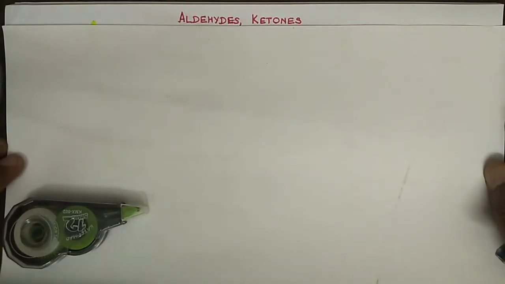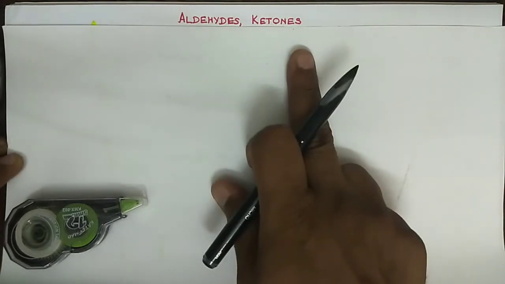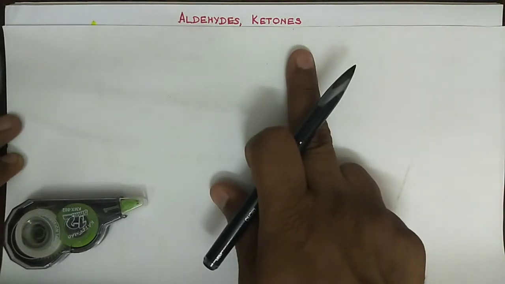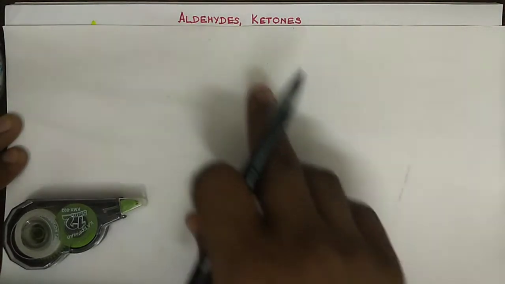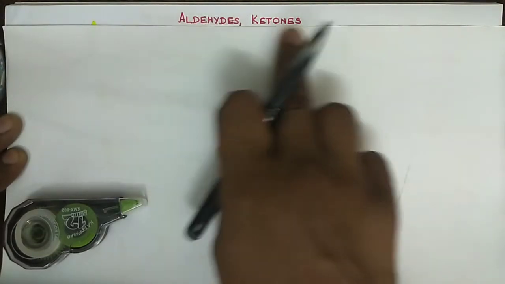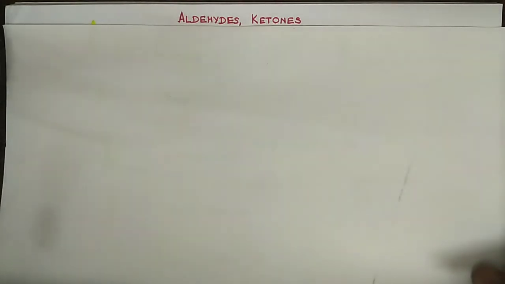Alright, so let us discuss the aldehyde and ketones group of compounds. There are many compounds which have something common with these two, right? Let us have a look at the different compounds.